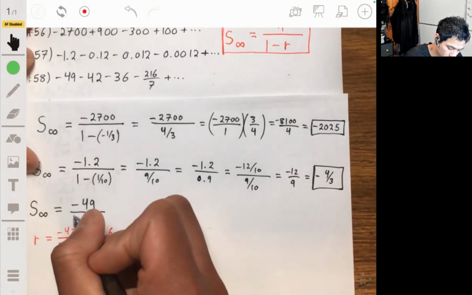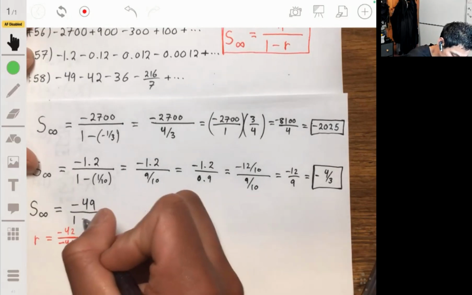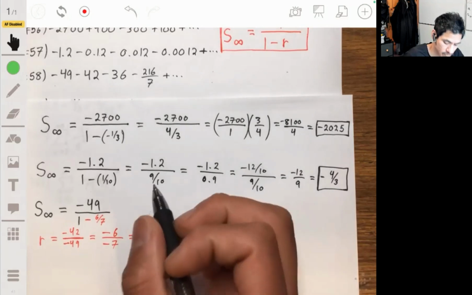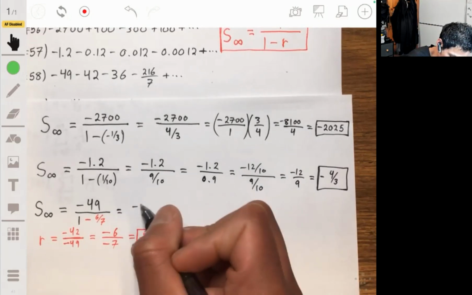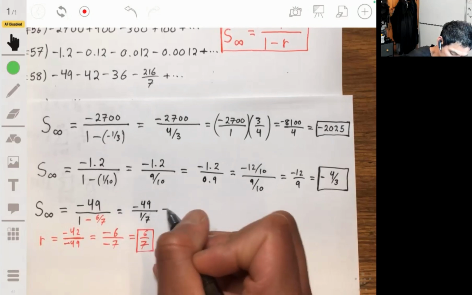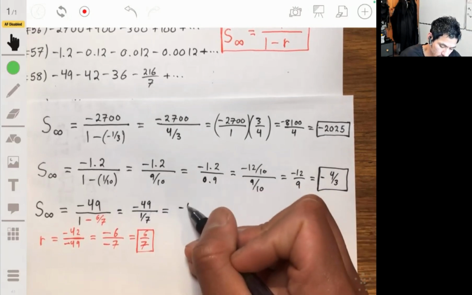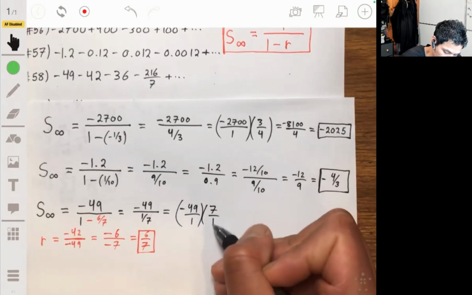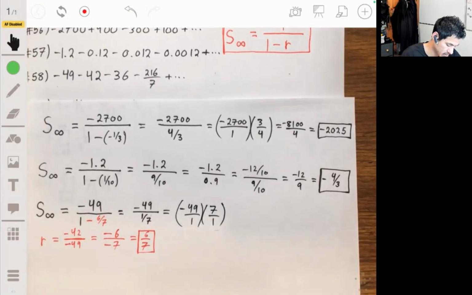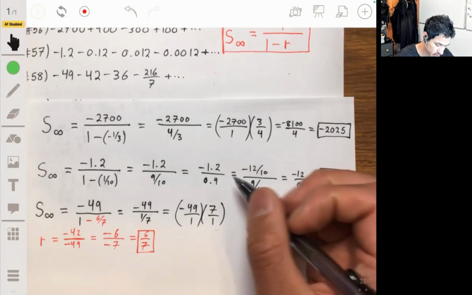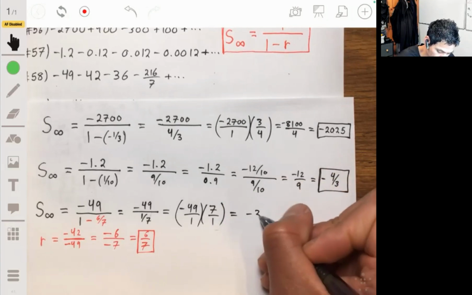And so then we'll have this over 1 minus 6/7. Then doing the math, negative 49 over 1/7. This will be negative 49 over 1 times 7 over 1. It'll be 343 on top, so negative 343.